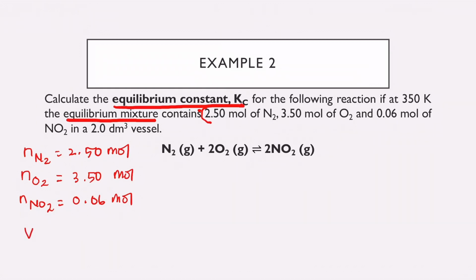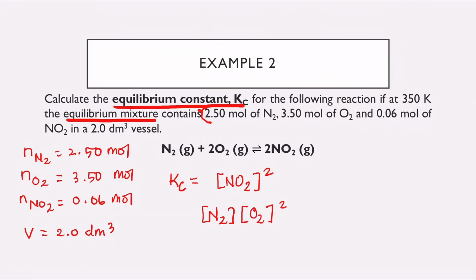Your volume is 2.0 dm cubed. The question asks you to calculate the Kc. So you're going to write the Kc expression. C means concentration, so square brackets: NO2 squared, over nitrogen, then oxygen squared, right?